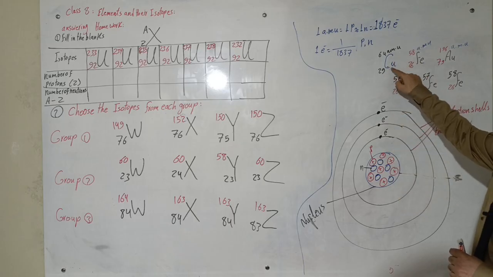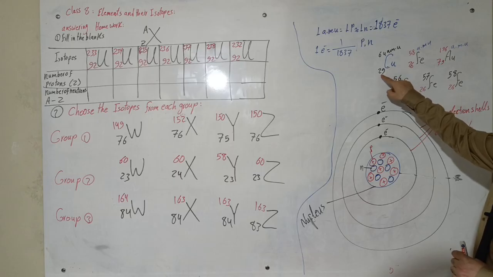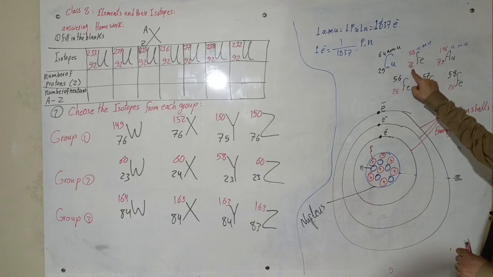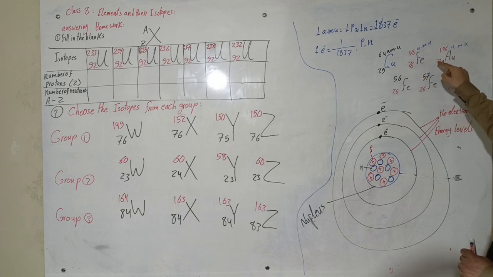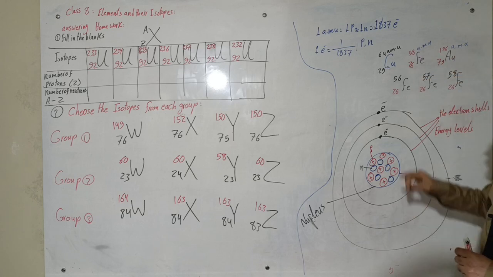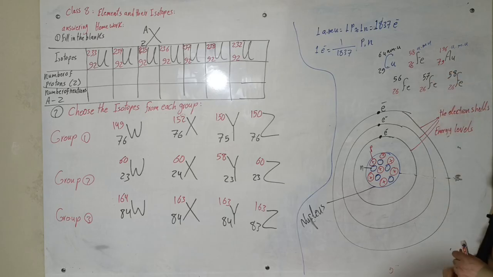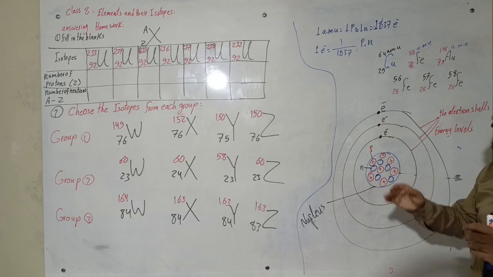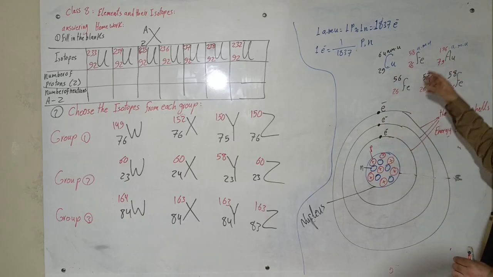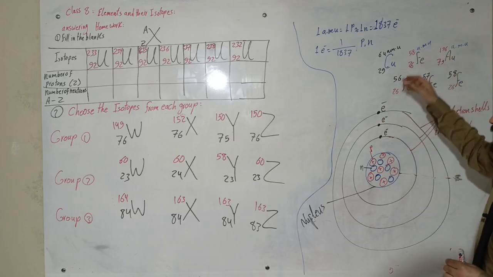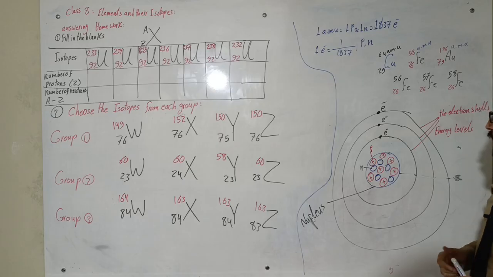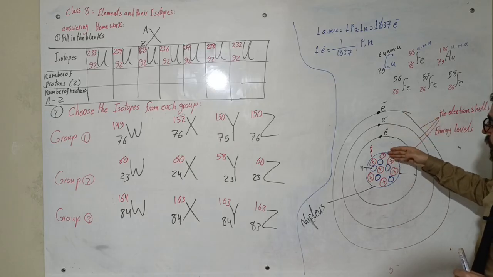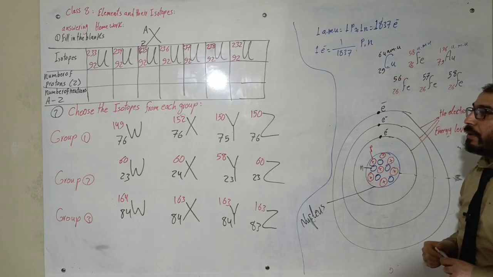So every copper atom in the world has 29 protons in its nucleus, and every iron atom has 26 protons in its nucleus, and every gold atom has 79 protons in its nucleus. That is why, although atoms are made up of the same subatomic particles, they are different due to the difference in their atomic numbers.